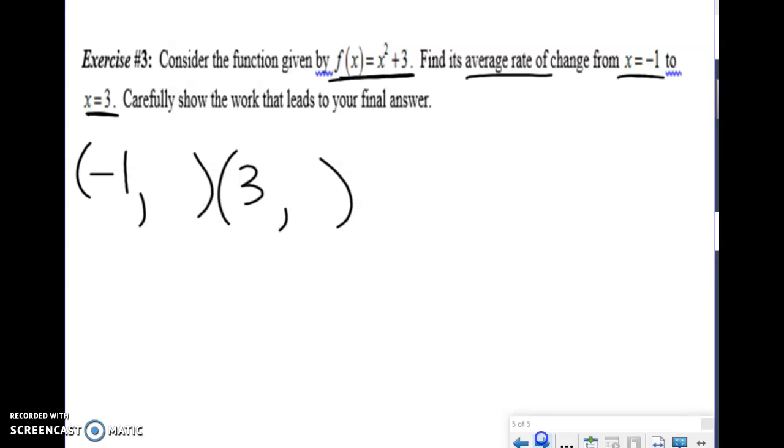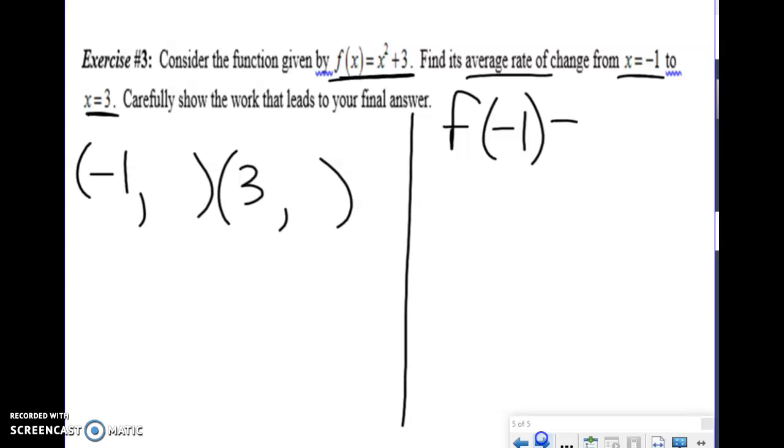Now, how in the world are we going to do that? We've done this before. All we have to do is use the function to find the output. So way back in September, we took an x value and substituted it in. And wherever we saw x, we replaced x. Remember, with negatives, we want to use those parentheses because this is -1 times -1.